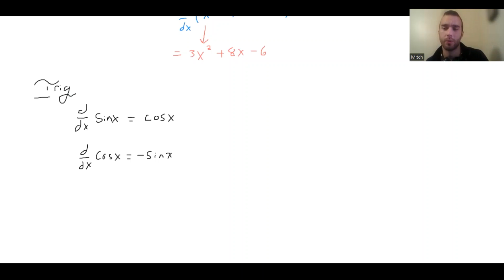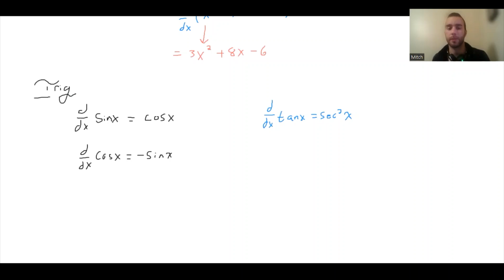Those are really the only ones that you need to remember, because it's true that the derivative of tan x is secant squared x, and you'll remember this just by working through it. But if you don't memorize it, you can always derive this.